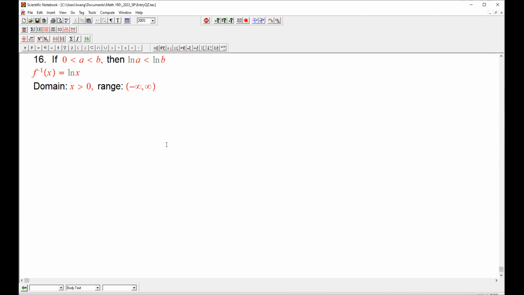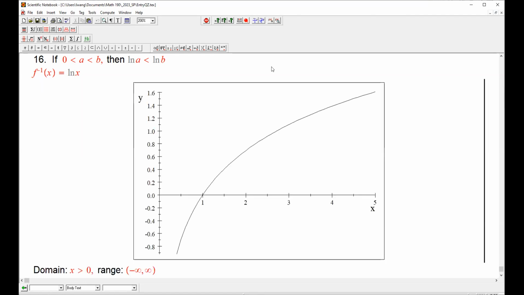All the way to exponential, differential equations, linear algebra, if you're taking those courses. Otherwise, you're going to be using these functions in the calculus series. Domain and range. What kind of function is this? It's an increasing function.